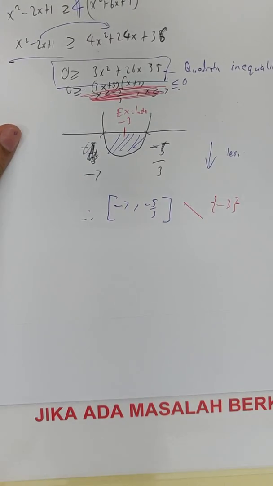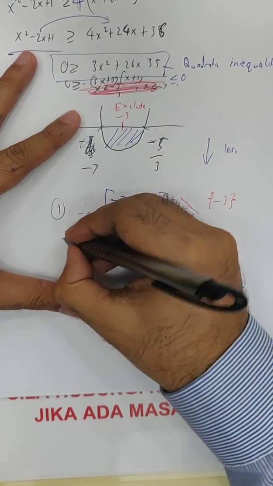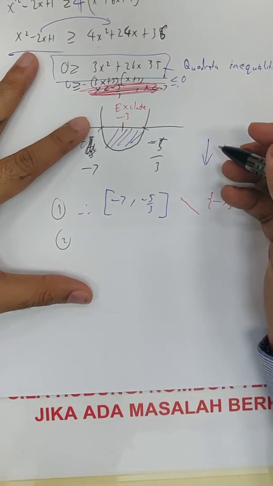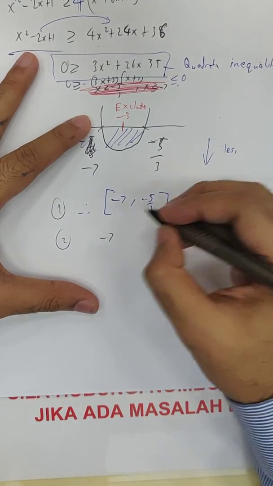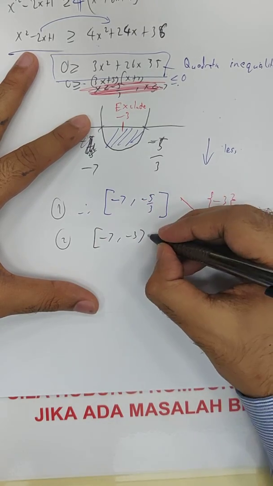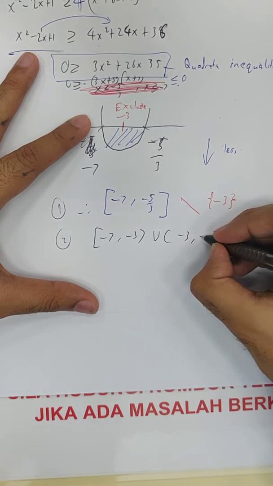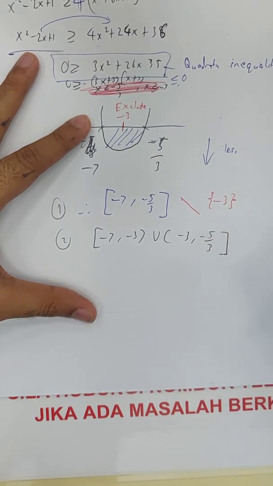Okay, there are multiple ways of writing down these answers. This is just one of the ways. The second way will be negative 7, negative 3, close, open, union, open, negative 3, negative 5 over 3.